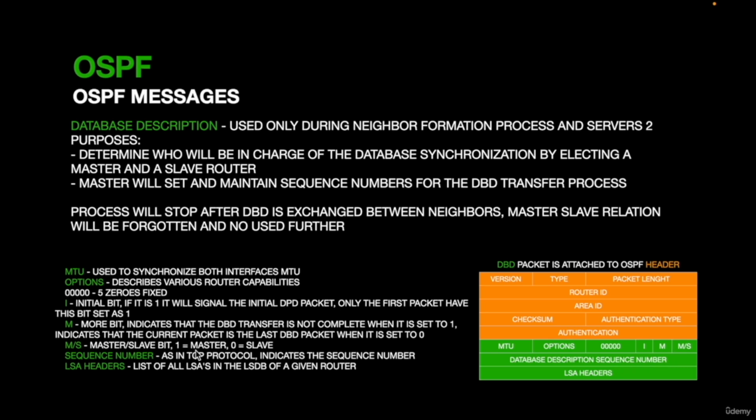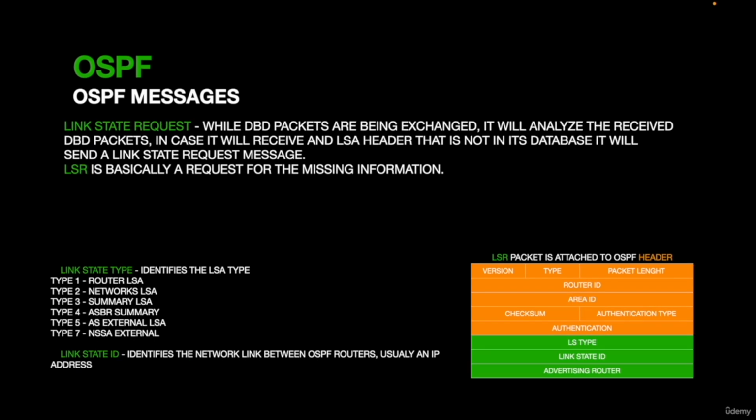When it is set to 0, it means that it is slave. Also, we'll have the sequence number, and it will increment when the data is sent. Each packet will have its specific sequence number. And we also have the LSA headers, which will list all of the LSAs in the link state database of a given router.